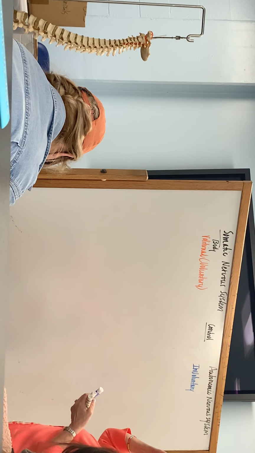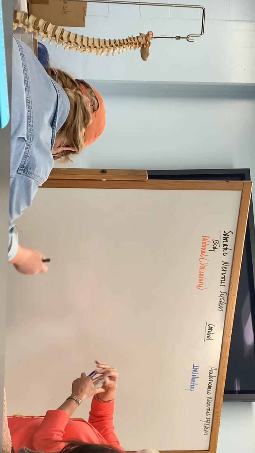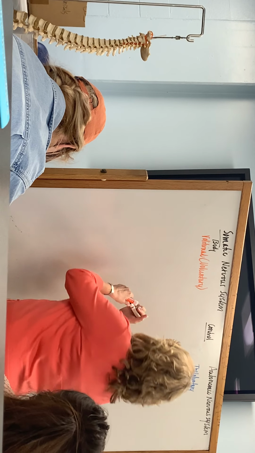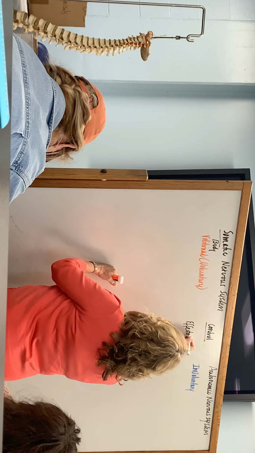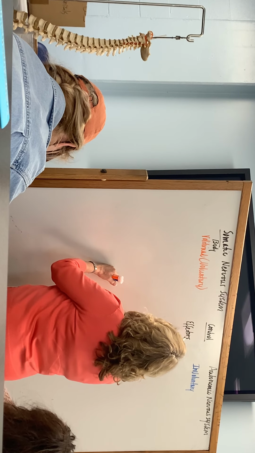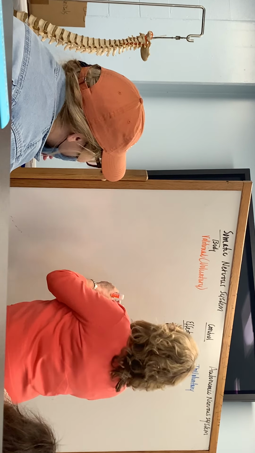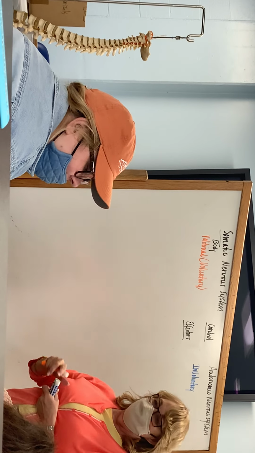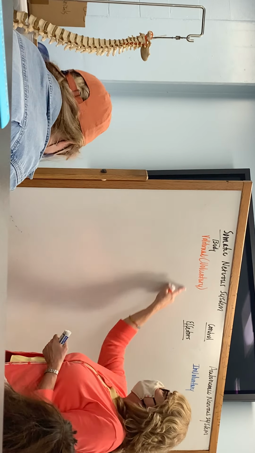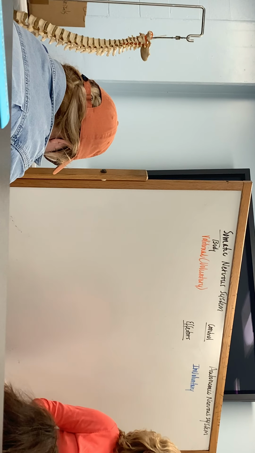Okay, so the control. Now, what are the effectors? Effectors. This is a gray area. It's gray matter. So what are the effectors over here?